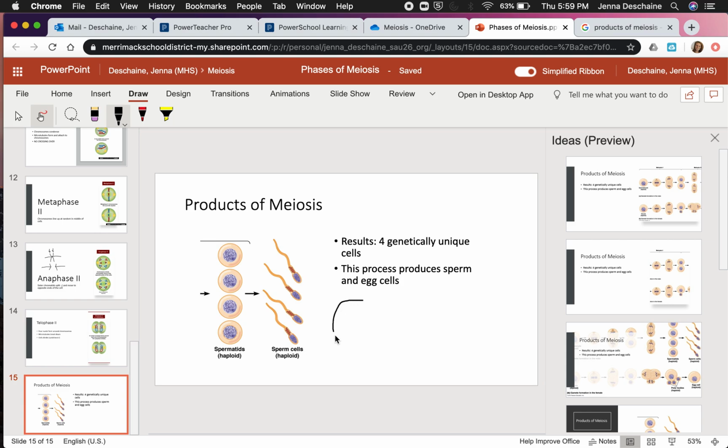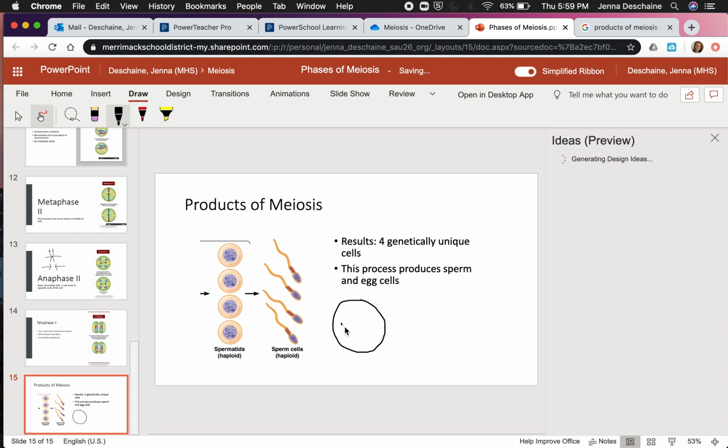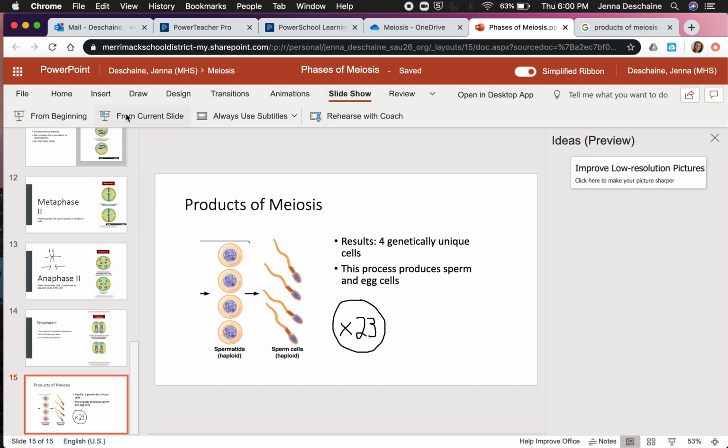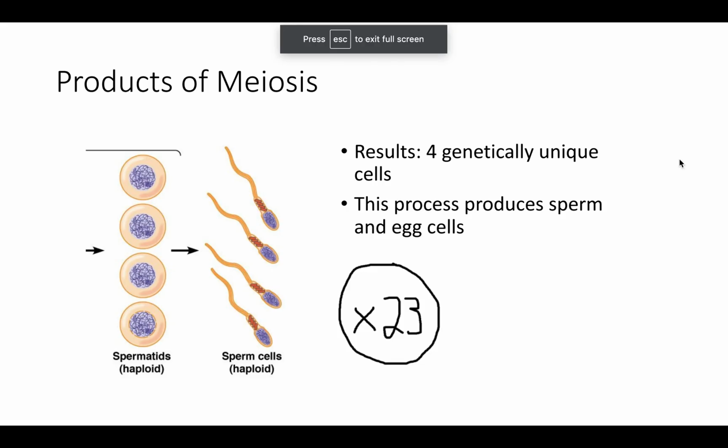And that egg, also produced from meiosis, oh, that was a pretty good circle, also has 23 chromosomes. Okay? So the fusion of that sperm cell and that egg cell produces a baby or a zygote. Okay? Hopefully that makes sense.